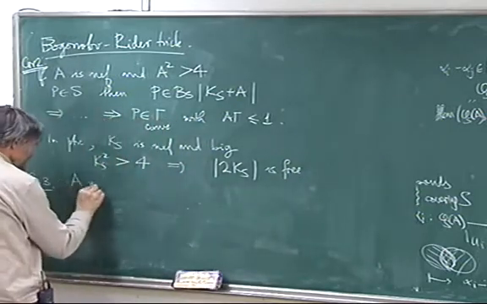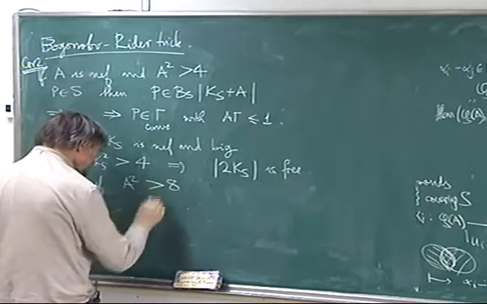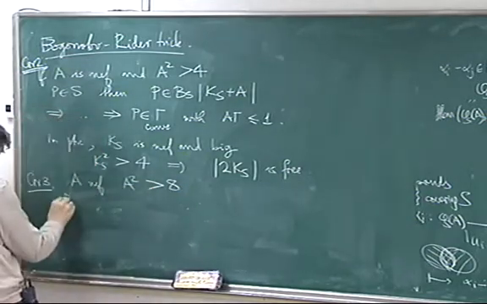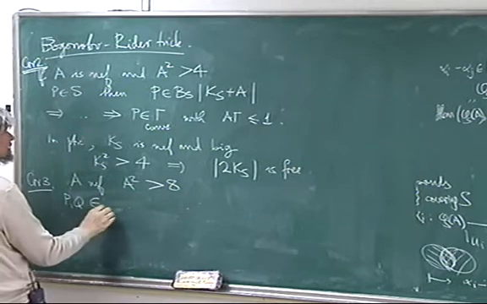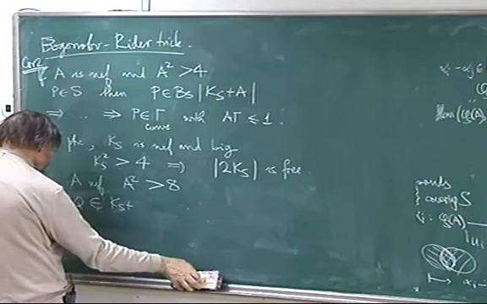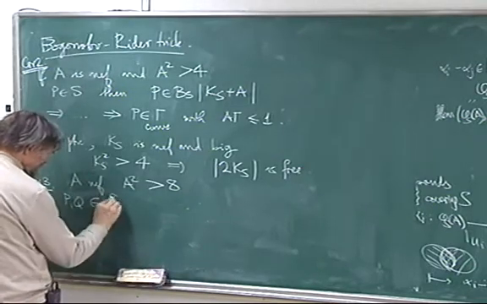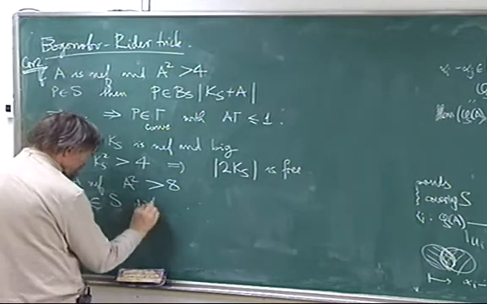A is nef, and A squared is greater than 8, and P, Q are in KS plus A. Distinct points.